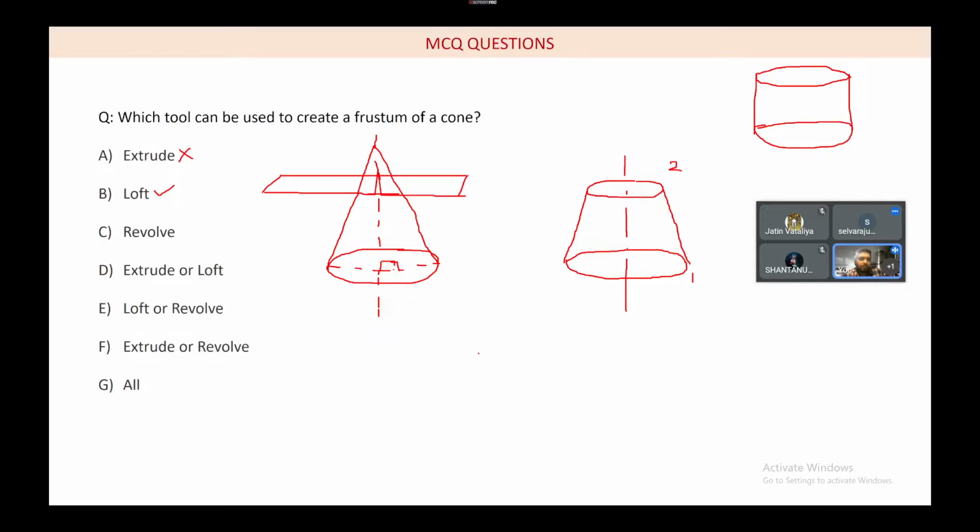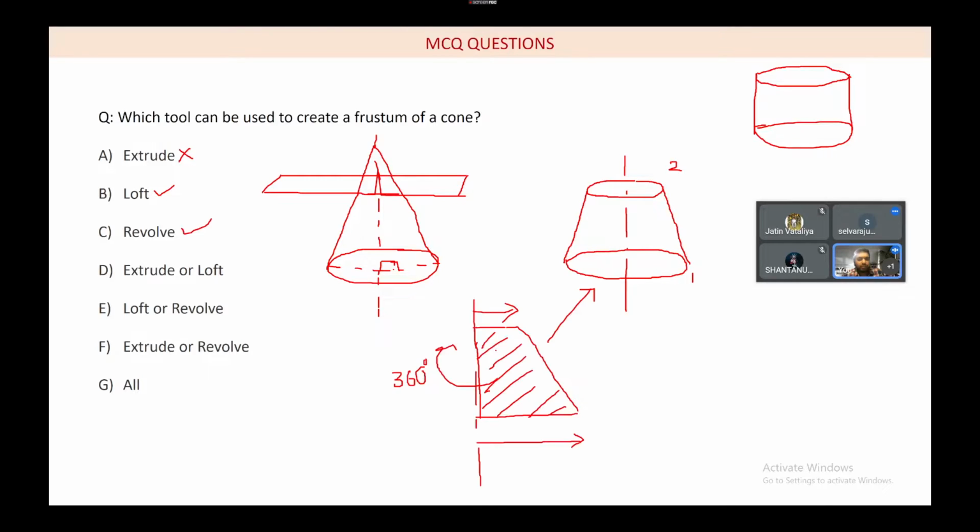So revolve we can also do, but loft is easier, because all we need is just two circles and we can create the solid. Here we need to draw this profile in the sketch plane, and then we have to rotate it. But it is also possible to develop the frustum of a cone using revolve. So the answer will be loft and revolve, so I think option E should be the answer.